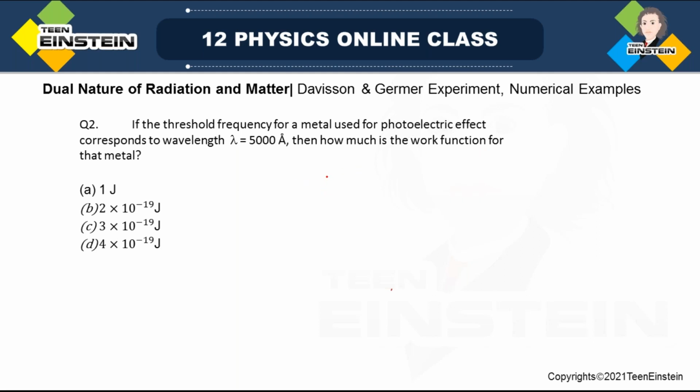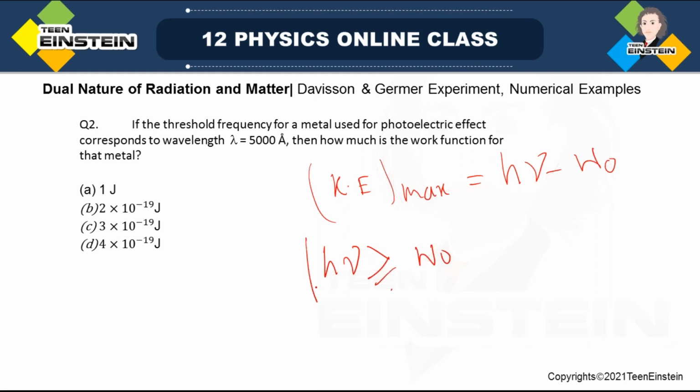Actually, I'll tell you from this equation itself. Einstein's equation says the maximum kinetic energy of the emitted electron will be h nu minus w0. H nu is the energy of the incident photon, and this is the work function. When the energy of the incident photon becomes greater than or equal to the work function, only then will you see the photoelectric effect.